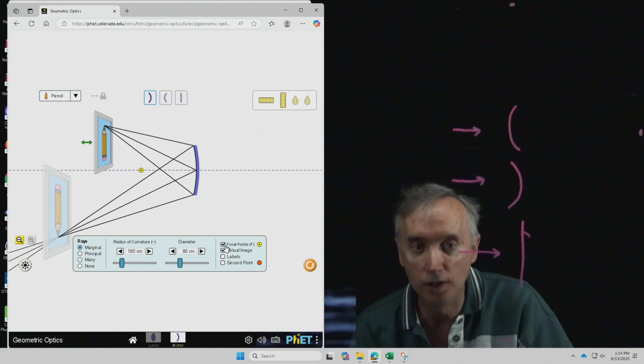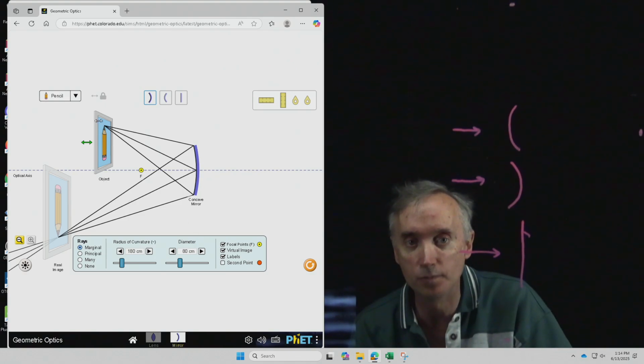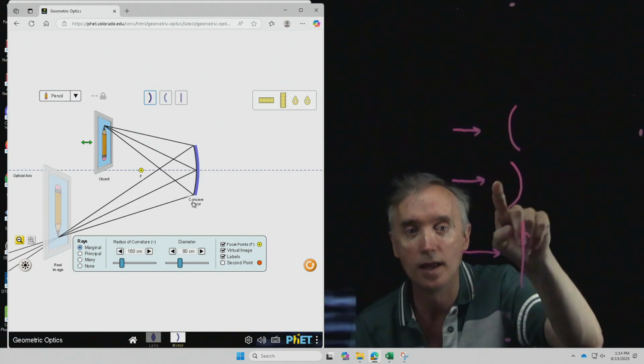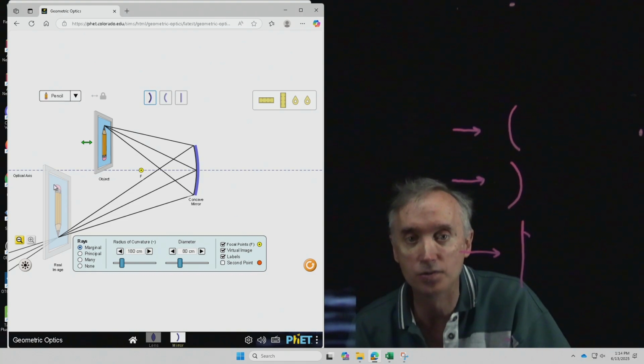Now it says to make sure that this one's check marked, this one's check marked, and then this one labels. You see that this pencil right here is going to be the object. Here's the mirror, and you can see it's a concave mirror. And here is where the image is going to be located.